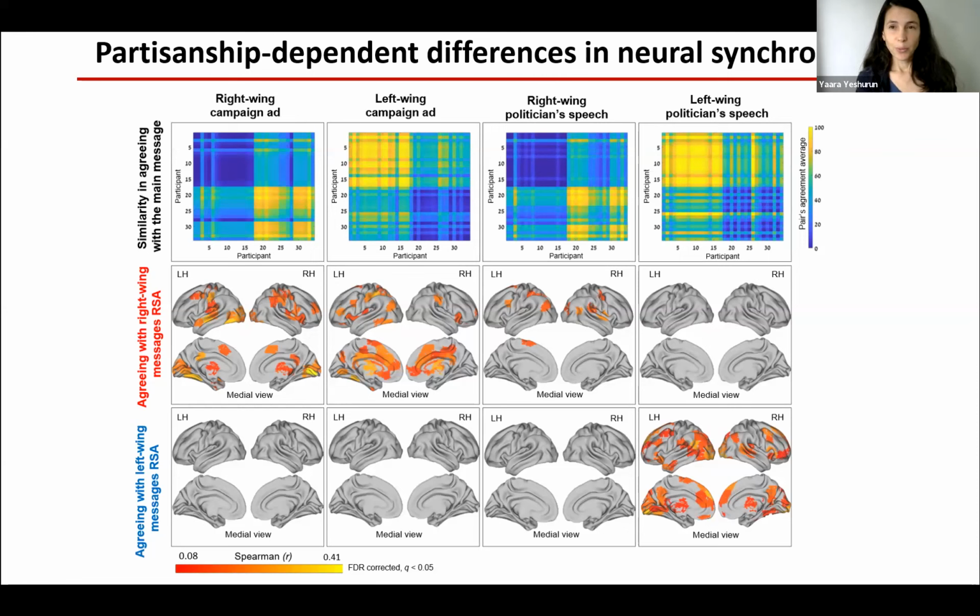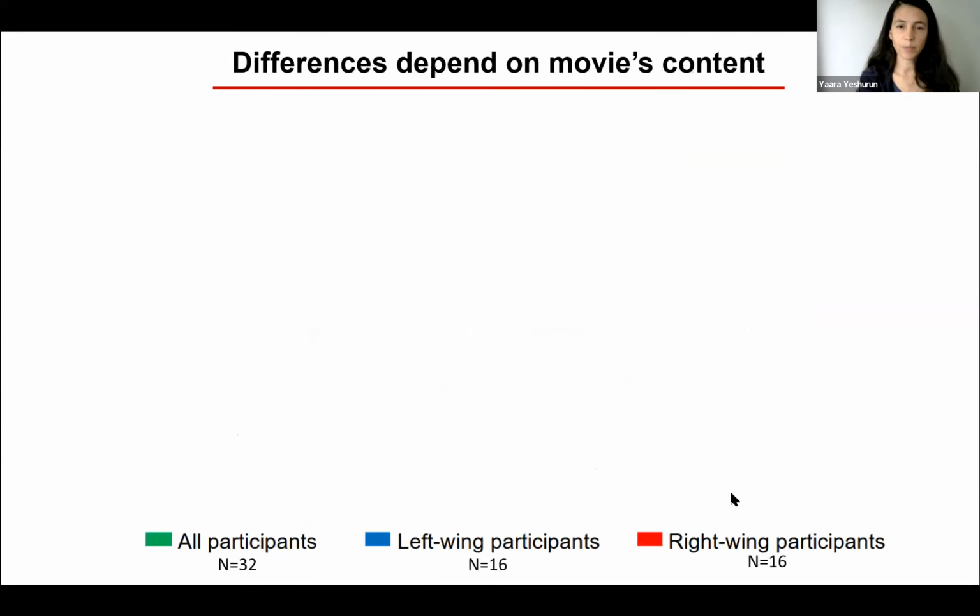So what is unique about the left-wing politician speech? To try and answer this, we had another behavioral experiment in which 32 participants, 16 left-wing and 16 right-wing, answered all sorts of questions regarding the four political stimuli.